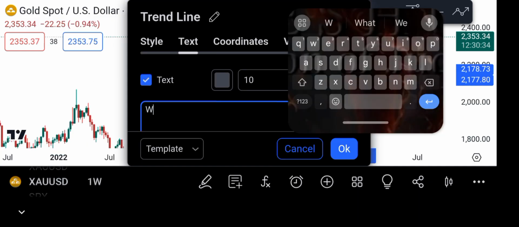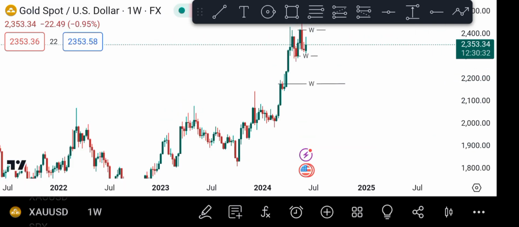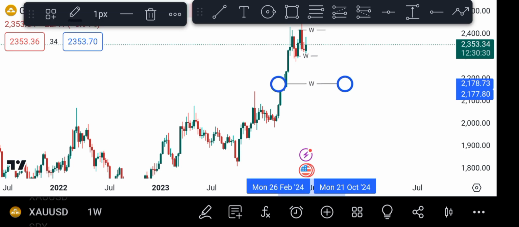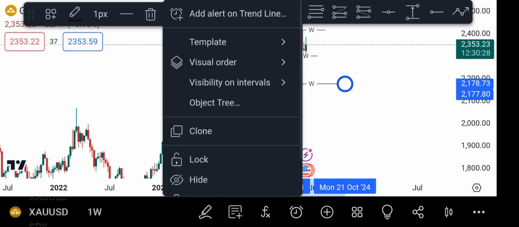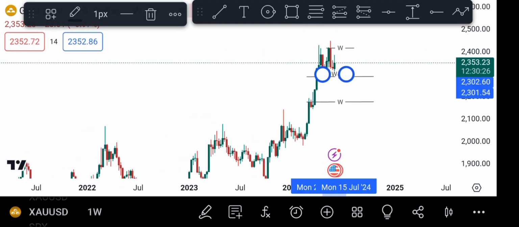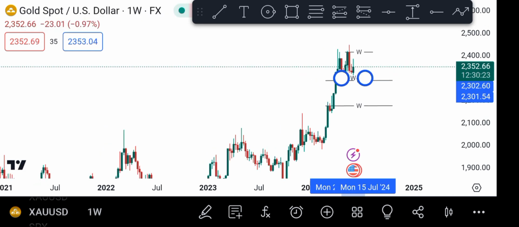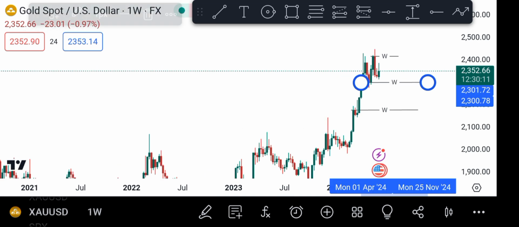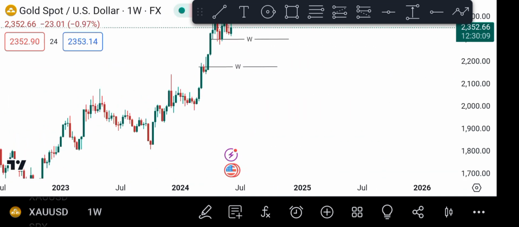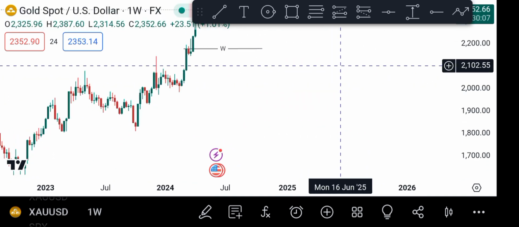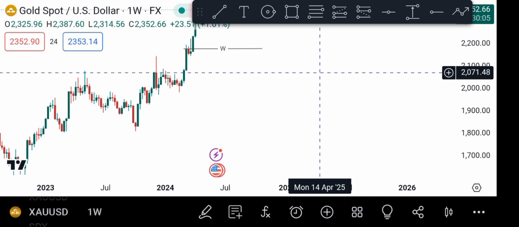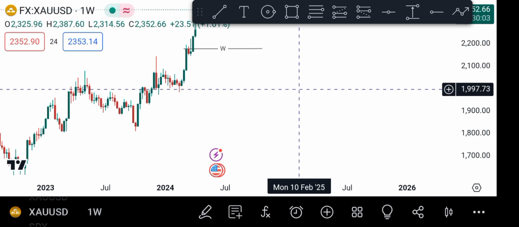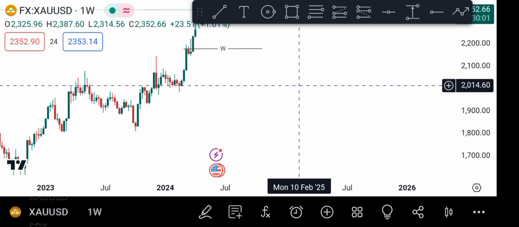So if the market does not hold, if that point can't hold, I have to consider it here. I'm kind of having issues with this. But this is the next point I'll be expecting it to drop to. Or here, this low. Yes, this is the low.